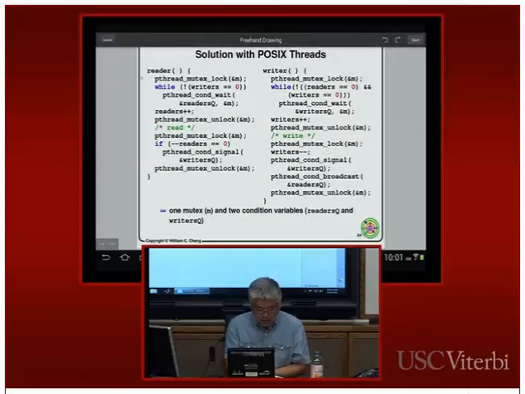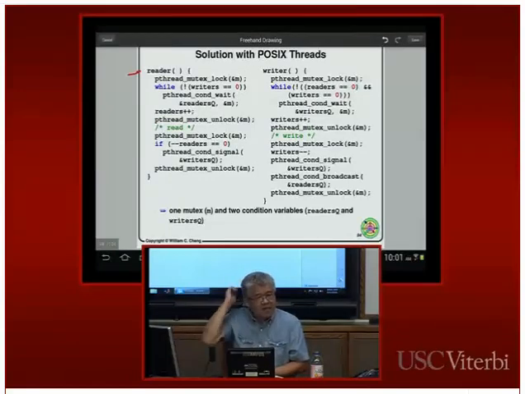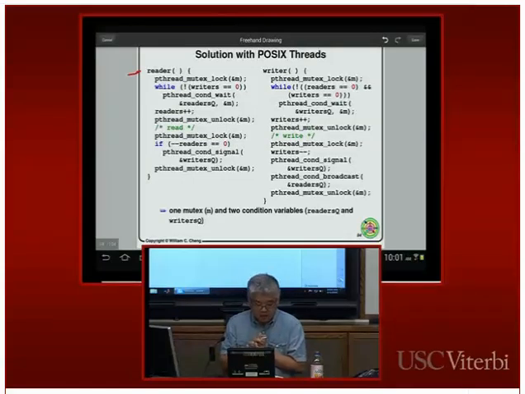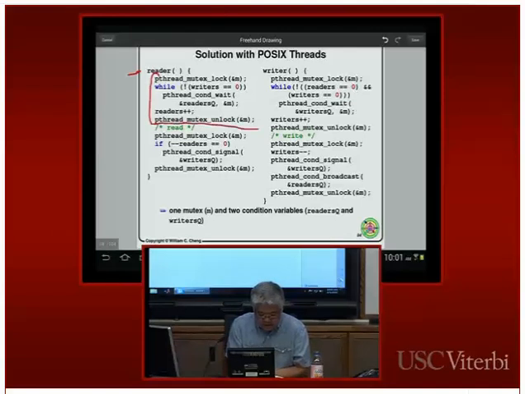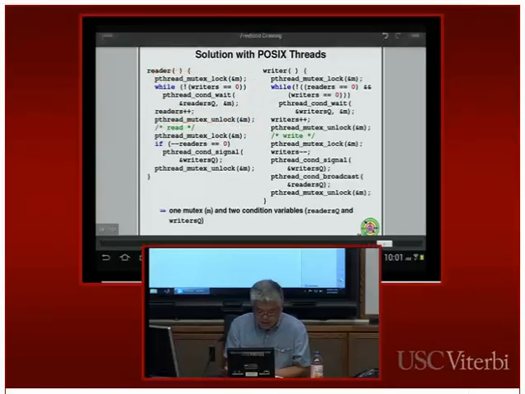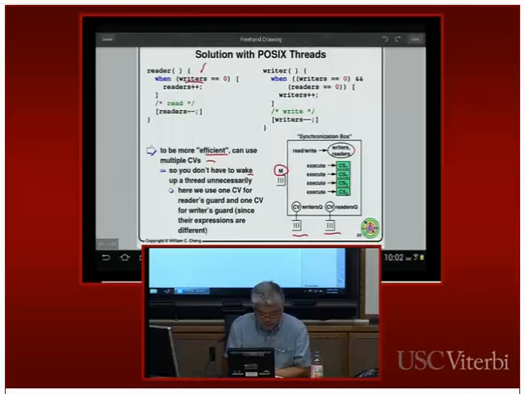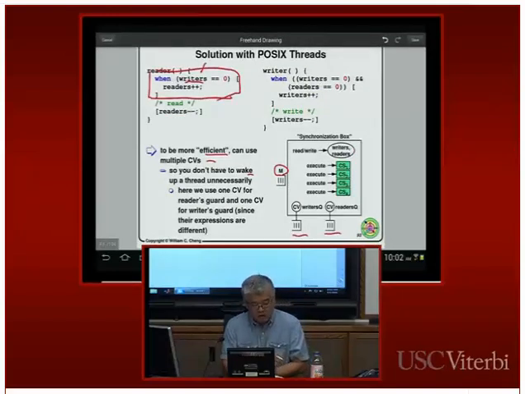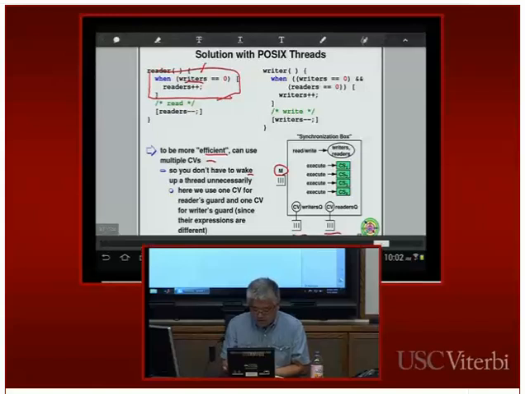All right, so we're going to convert that code into pthreads. Now the guarded command is: when the guard is true, execute the command sequence. The way you implement this is this code, which implements this right here: when writers equals 0, increment the readers.